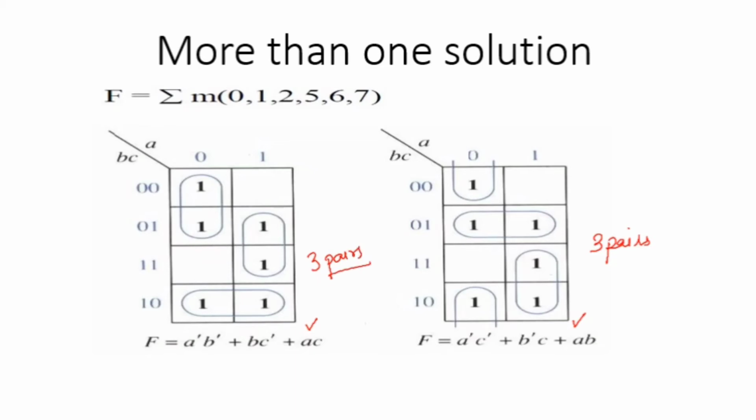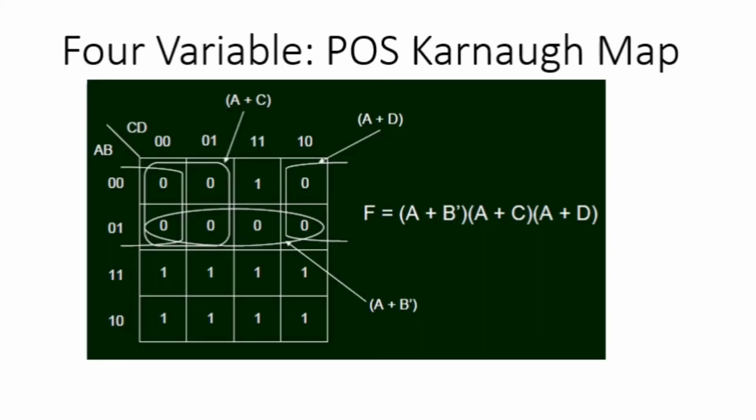So both the K-map entries are giving three pairs. Either of them can be chosen, and both will be considered correct. If one of them had offered me a quad, then I would have preferred that. But right now, both are giving the same options, so I can choose either of them.